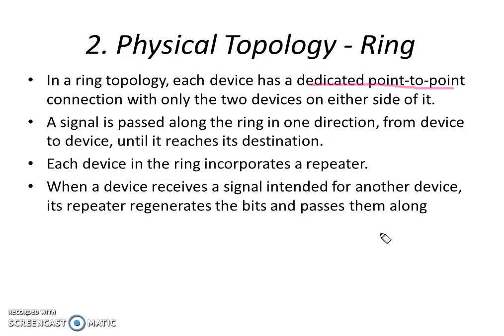So that is the duty of the repeater. It just regenerates the signal which fades off during the transmission distance, and passes the bits along the ring. So this is the basic explanation for ring topology.